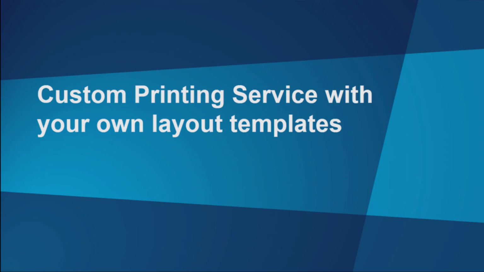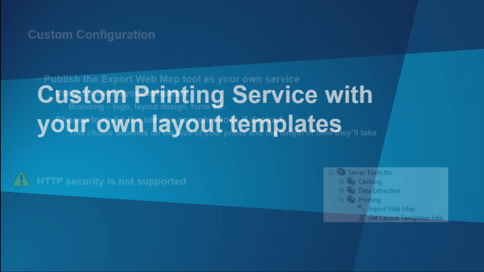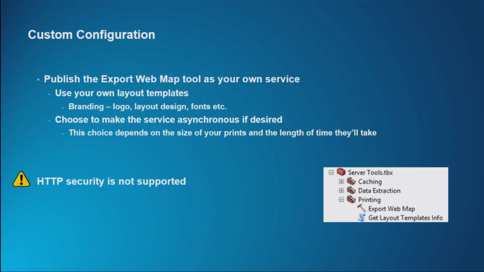Now, that was the basic print service we kind of talked about. That's tier 1 of the complexity of the print services. We'll now talk about custom print services with your own layout templates. And the way you do this is you publish the export web map tool as your own service. So we have an export web map geoprocessing tool, and you publish that.